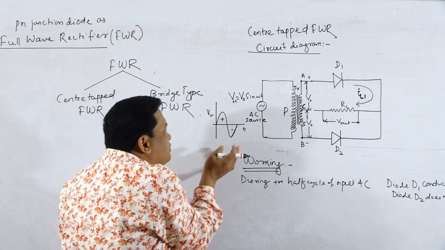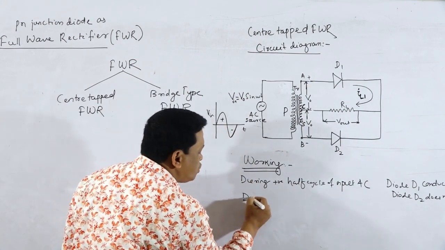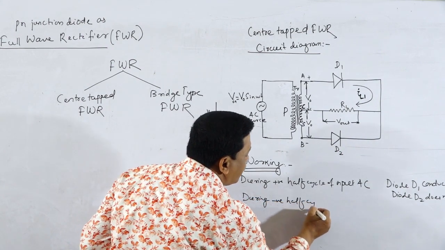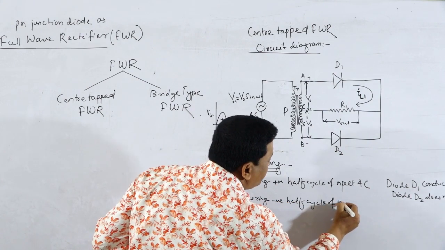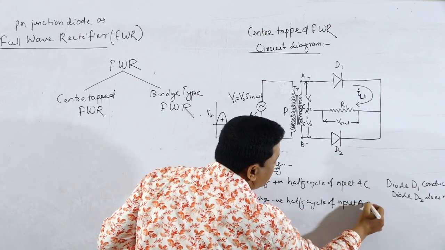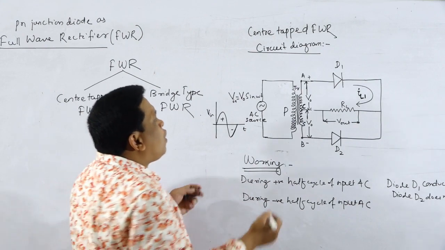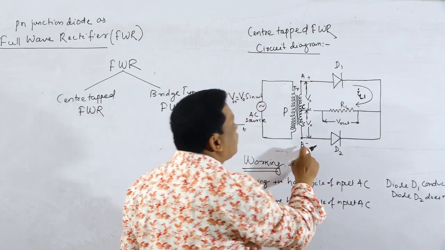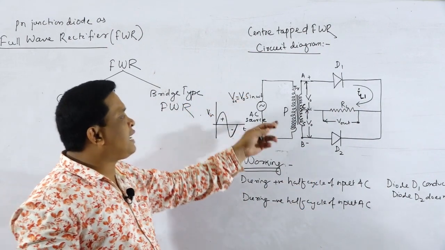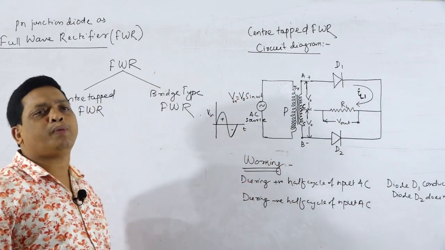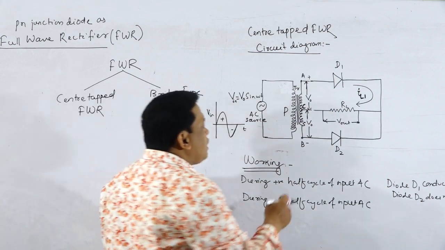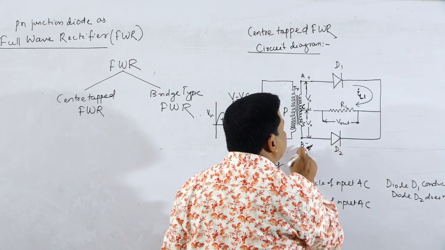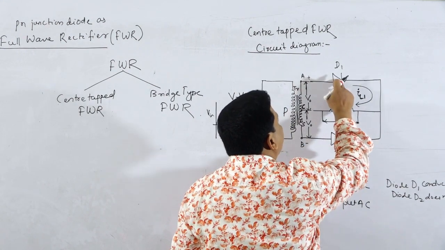Now, during the next half cycle, that is the negative half cycle of input AC, what happens? Automatically, point A becomes negative and B becomes positive. And when B becomes positive, the P material of D2 is positive, but the P material of D1 is negative.